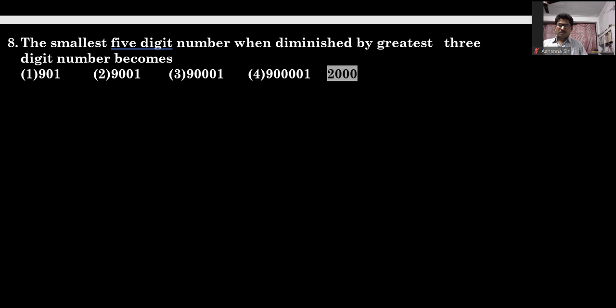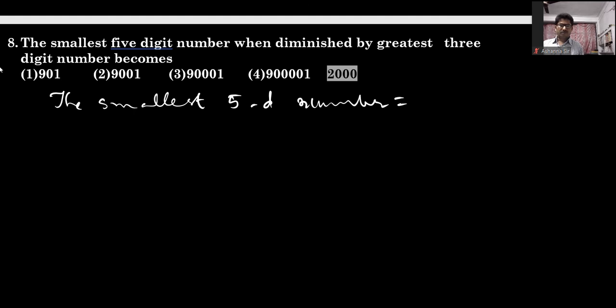Eighth one, the smallest 5-digit number when diminished by greatest 3-digit number becomes. The smallest 5-digit number is 1, after that we have to write 4 zeros.